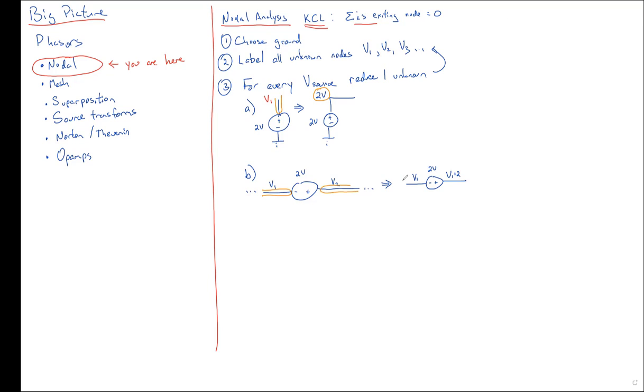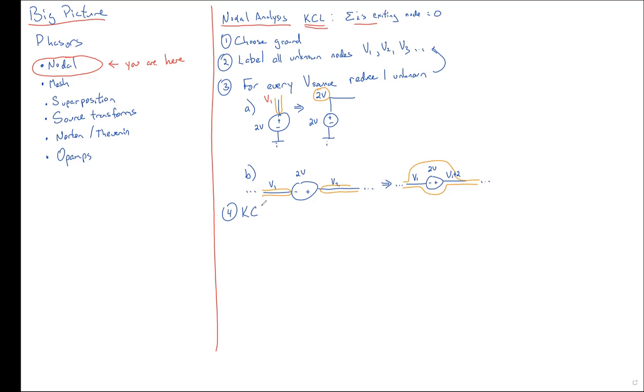And then the trick is that this whole thing becomes our supernode. So there's more stuff to the right and more stuff to the left. We're going to sum the currents exiting out of that whole supernode with the understanding that over here, the voltage is V1 plus 2, and to the left, it's just V1.